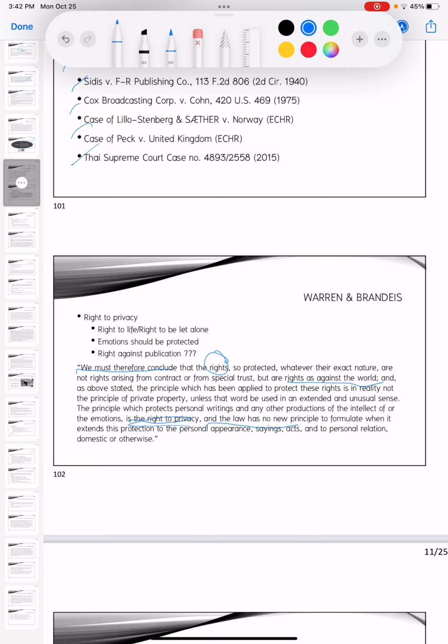And the law has no new principle to formulate when it extends this protection to personal appearance, sayings, acts, and personal relations, domestic or otherwise. So you can see some sense of intangible interest protected by the law. And yes, it is the right to be let alone.